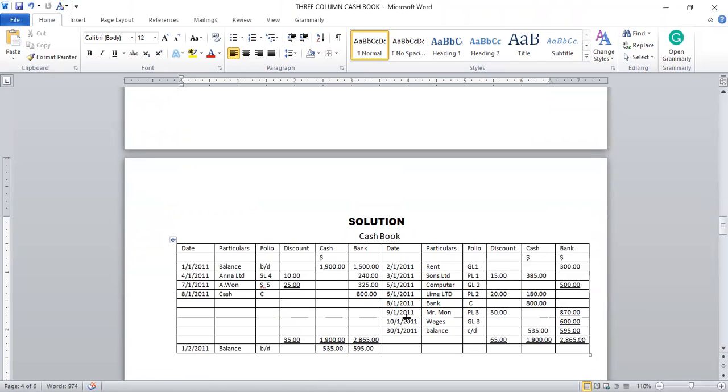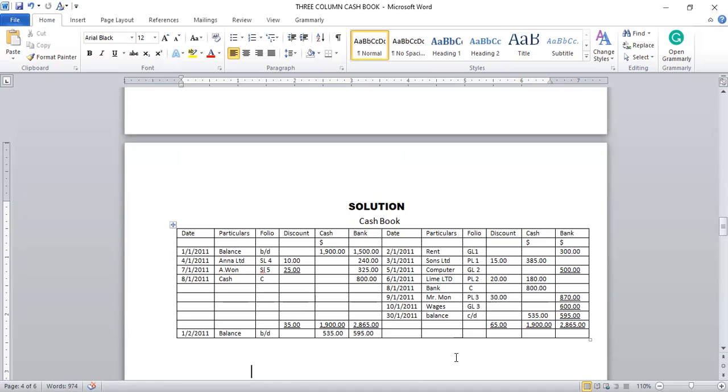So in the cash book, 9 January 2011, the date, particulars Mr. Won, that's where the account can be found. And folio, assume purchase ledger page 3, the discount 30, and the amount $870. So we go to Mr. Won account in the purchase ledger.